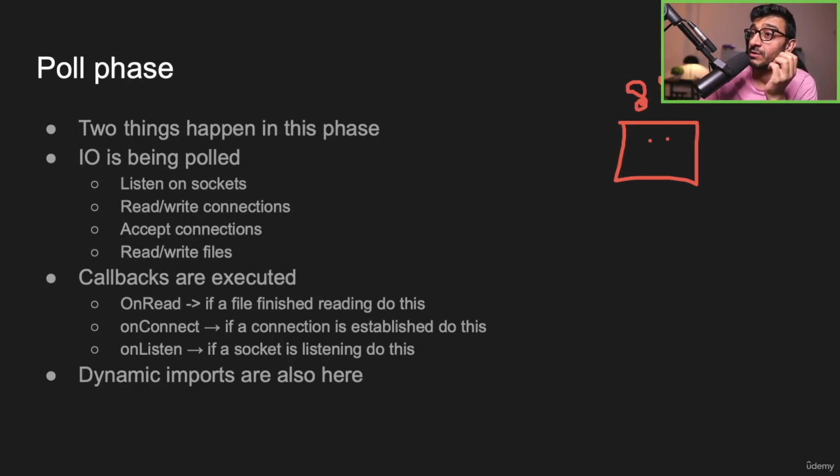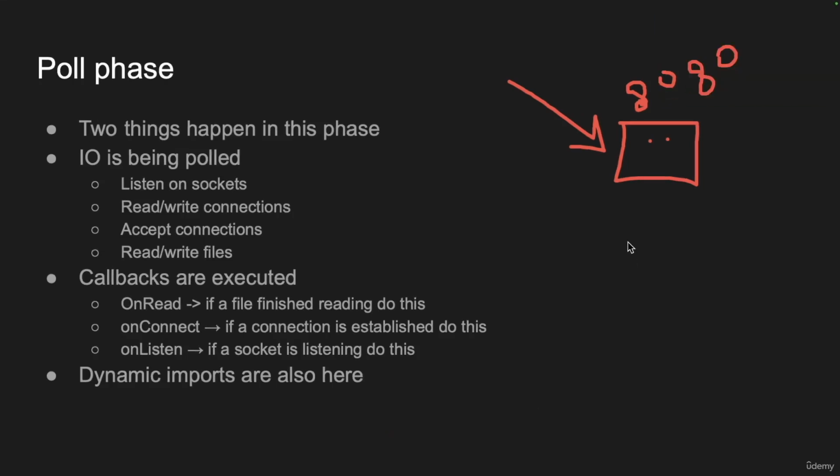Terrible handwriting because I'm using the trackpad. But once someone is connected from the client side, what we get is actually a connection object, right? And this connection object will also have a unique identifier.